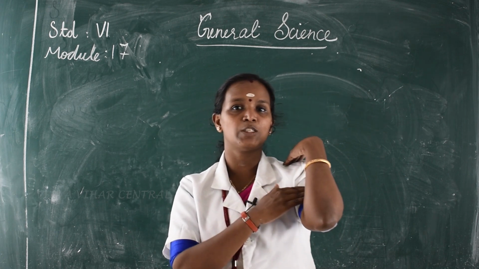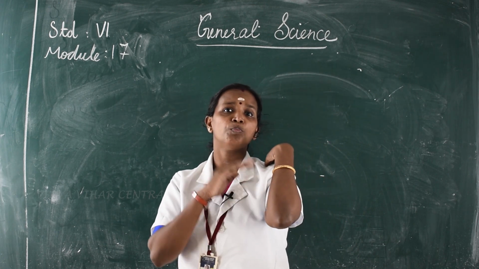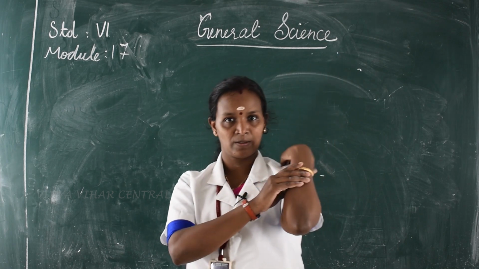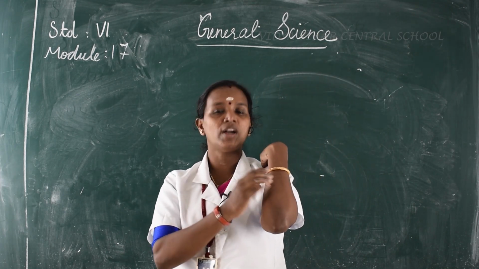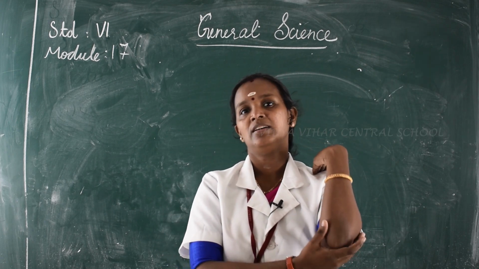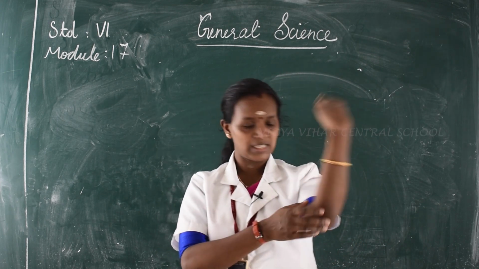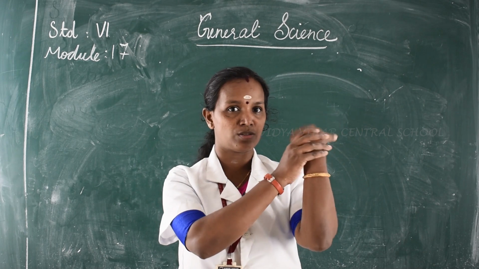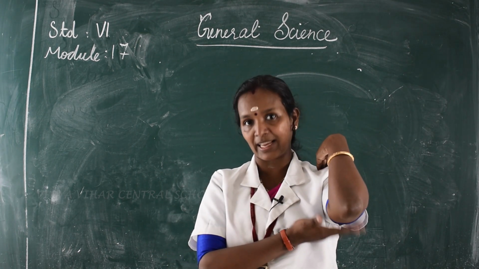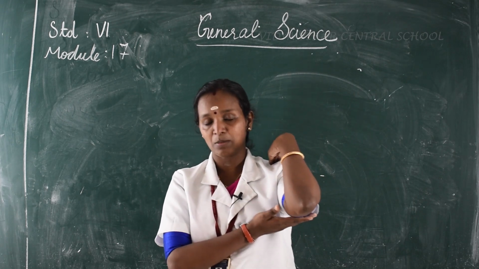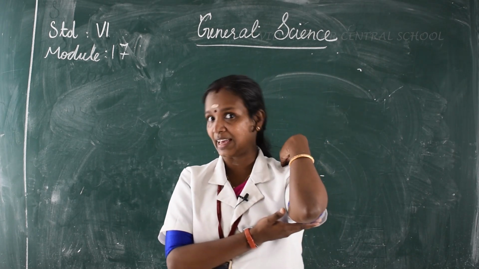Muscles have a speciality: they cannot push the bone back. Only muscles can pull the bones. That is why when it contracts, it pulls the bone towards the shoulder, while the other muscle of the pair relaxes.